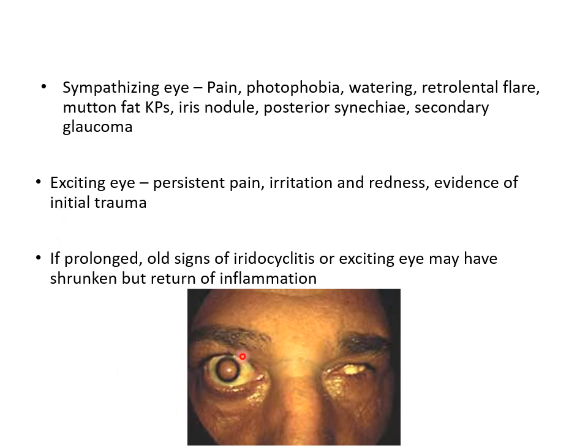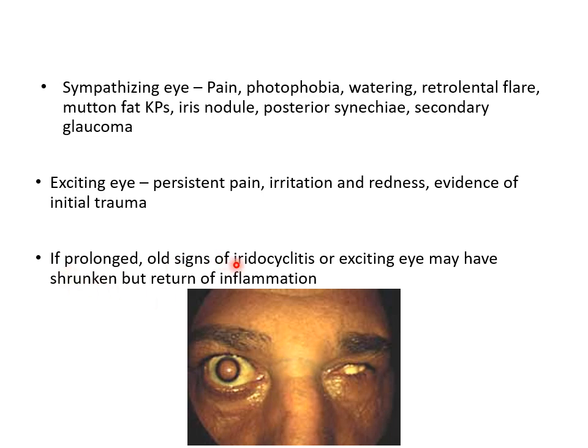Now, in this case, this was probably the exciting eye, right? The sympathizing eye, that is the other eye, develops sudden onset pain, photophobia, watering, retrolental flare, mutton fat KPs. Remember, it is a granulomatous type of uveitis. Iris nodules, posterior synechiae, secondary glaucoma, and it ultimately may end up in a phthisical eye or phthisis bulbi.